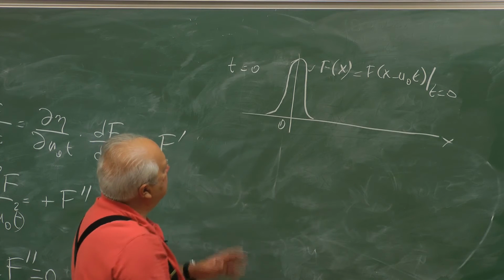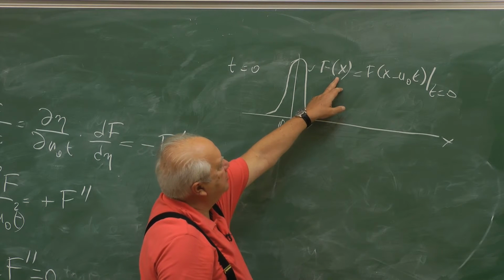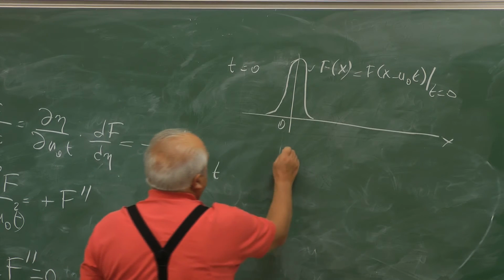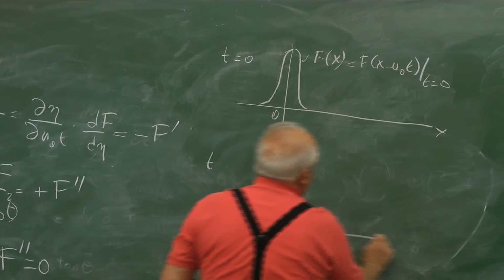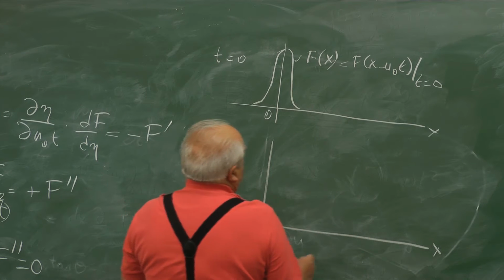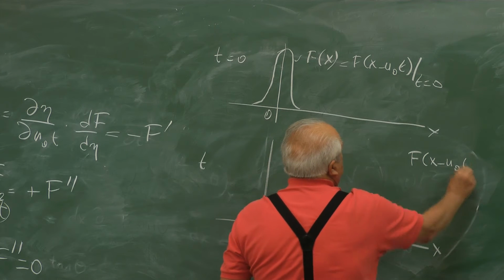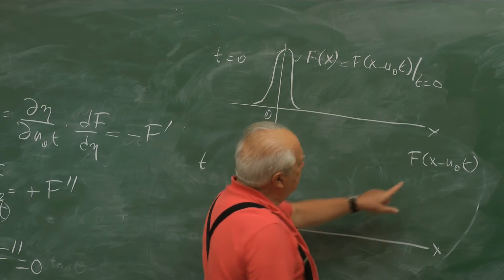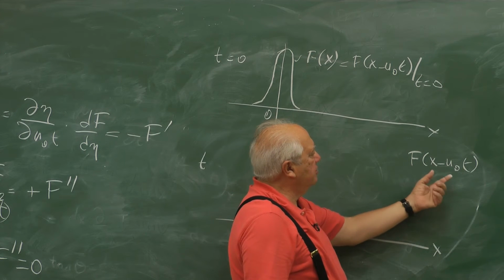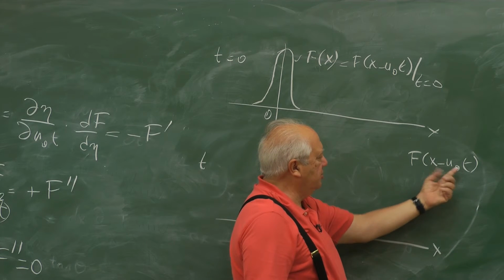The thing to notice is that f is peaked at the 0 of its argument. So let us look at it at a time t later. Time t later, we have f(x minus u0t). This will be peaked at the value when its argument η, which is x minus u0t, is 0.